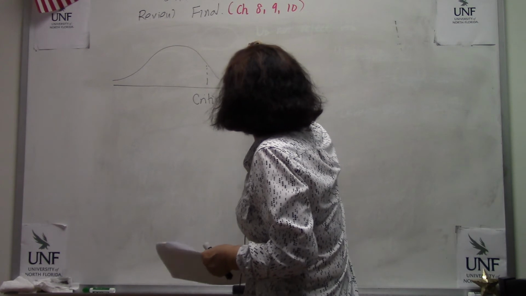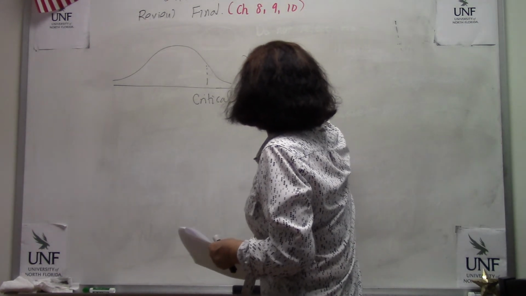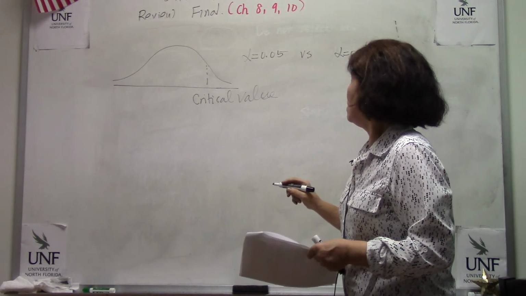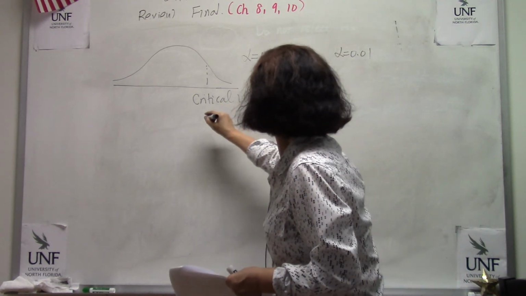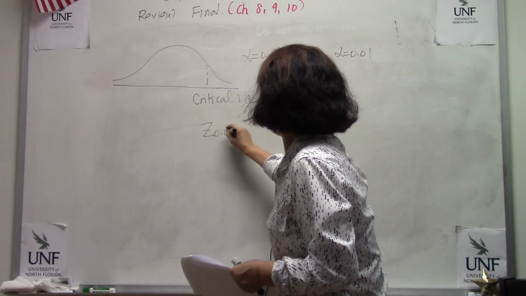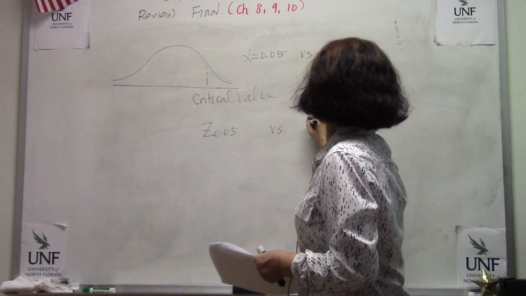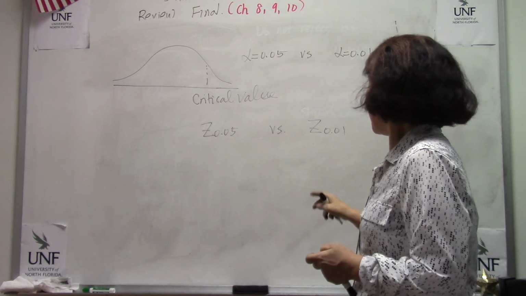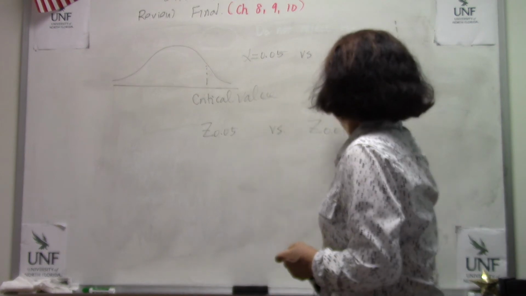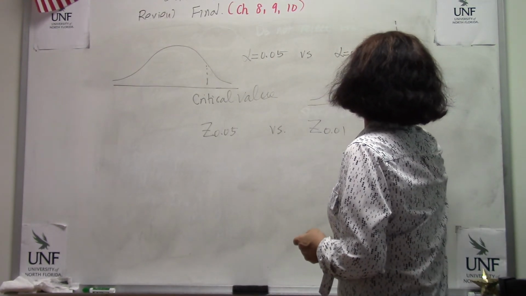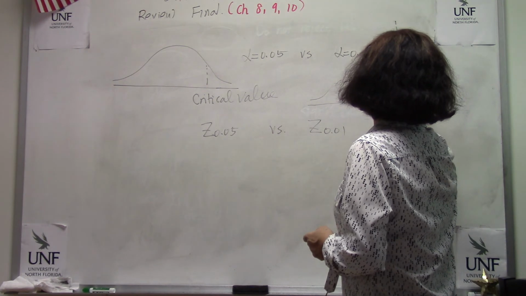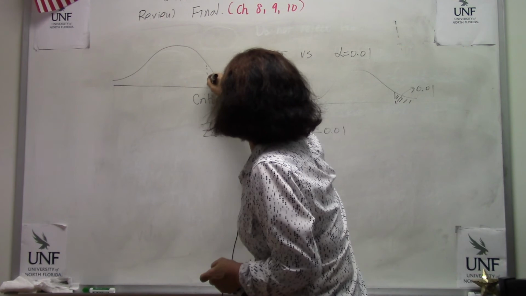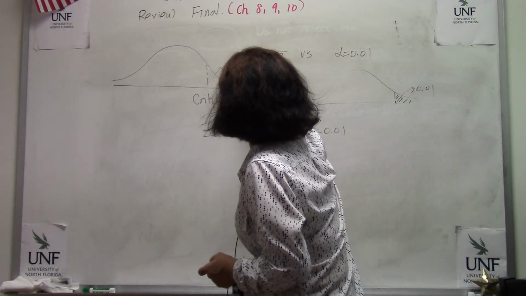So if you have alpha equals 0.05 versus alpha equals 0.01, think about it, that is z sub 0.05 versus z sub 0.01, okay? 0.01 means on the right side this area is 0.01. 0.05 means on this right side this area is 0.05.